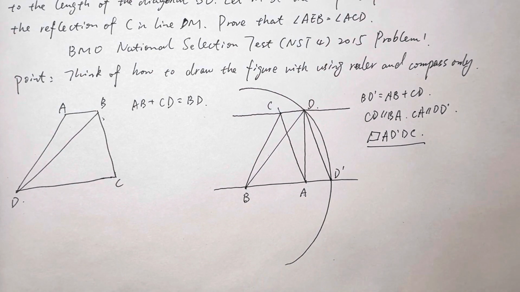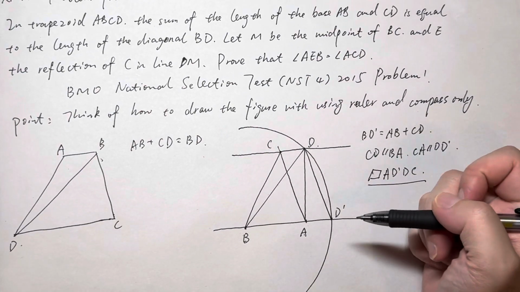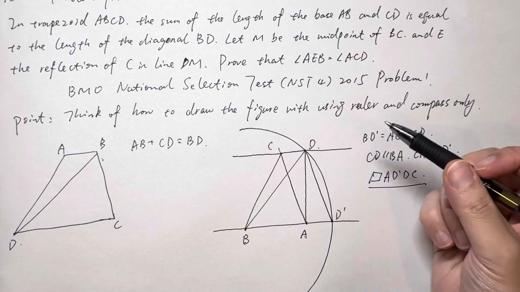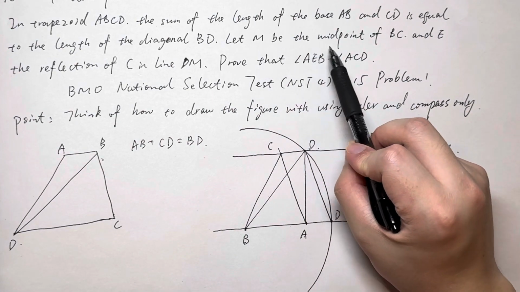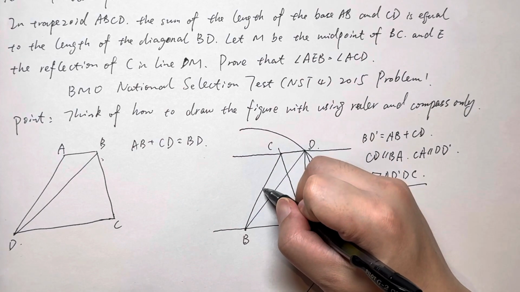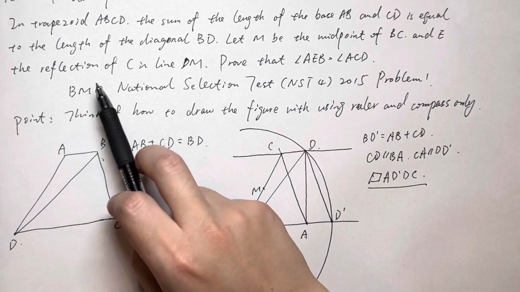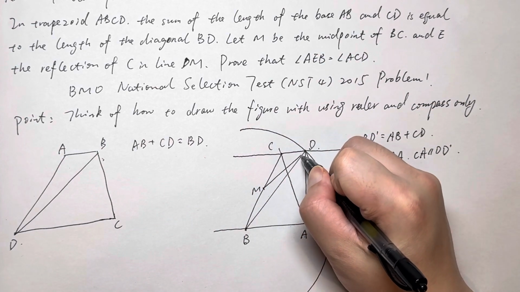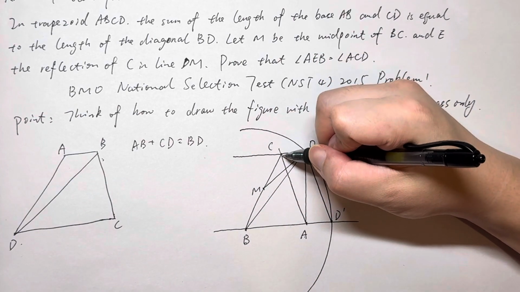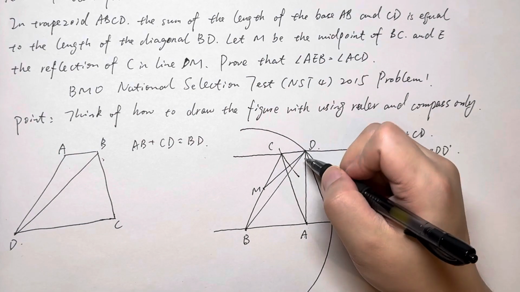I'll explain it later. And for the rest of the problem, we know M should be the midpoint of the segment BC here, and E is the reflection of C in line DM. So we connect DM here, and we find the reflection of C over DM.